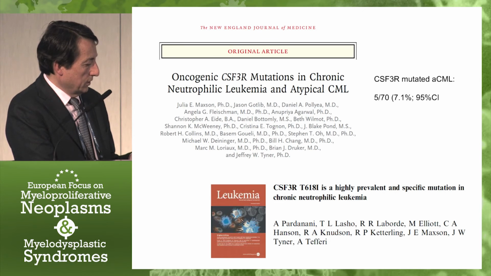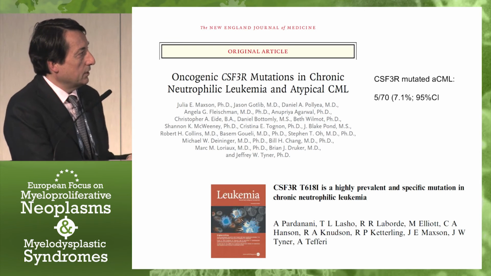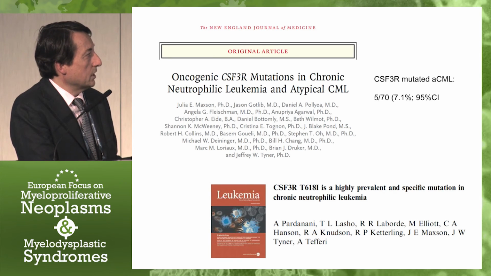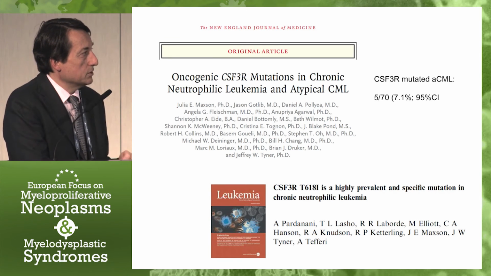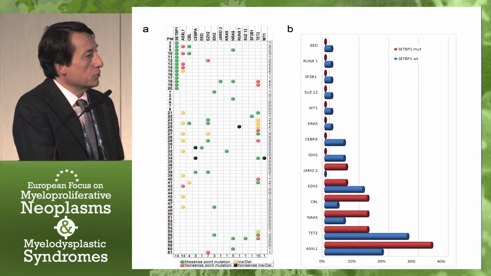We just looked at our own series of 70 aCML patients, and we found that mutation of this gene was present in 5 out of 70 patients, 7%, and the 95% confidence interval is between 3 and 15%, so in a quite low proportion.